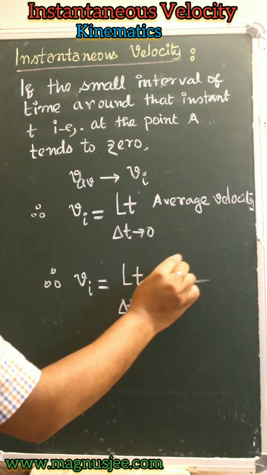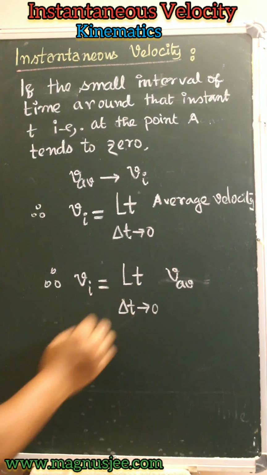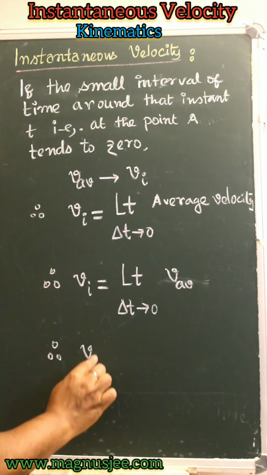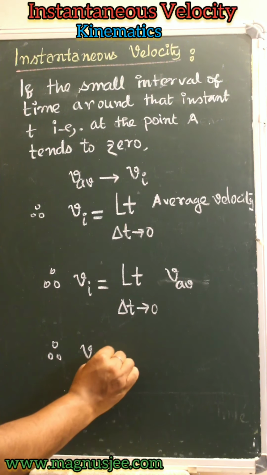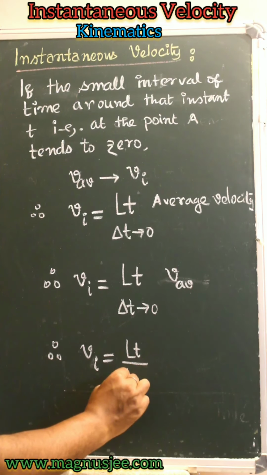Now, the average velocity from A to B is Vav. So Vi equals the limit as delta t tends to 0.